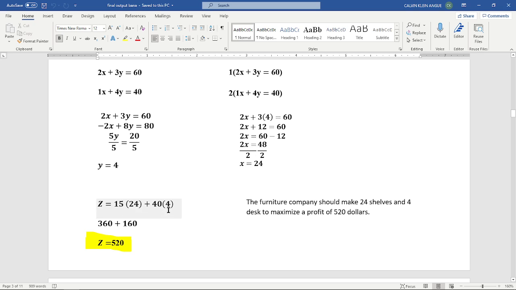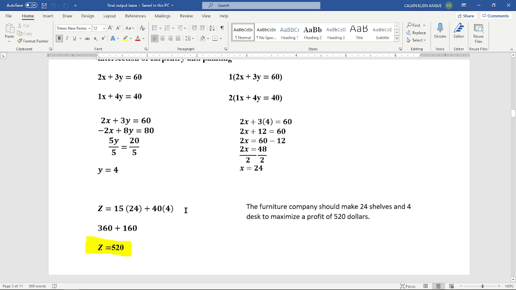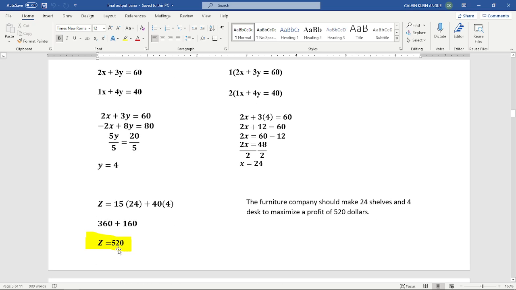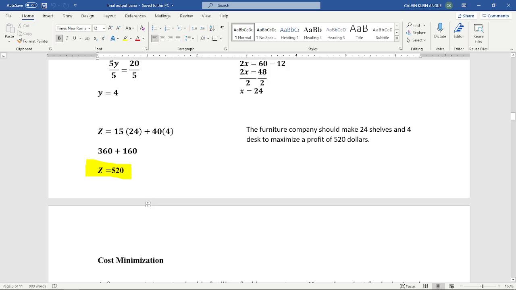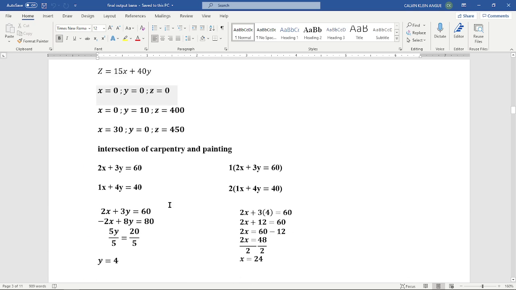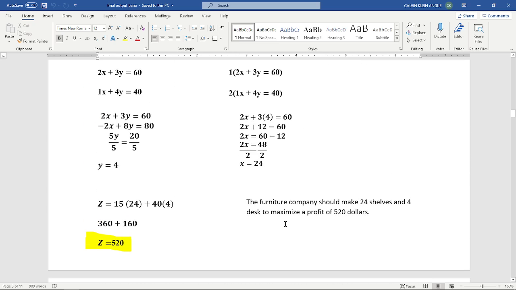So let's solve it in our objective function. 15 times 24 plus 40 times 4 is 360 plus 160 equals 520. So this is our maximized profit. It is the biggest profit among the four. So the furniture company should make 24 shelves and 4 desks to maximize a profit of $520.